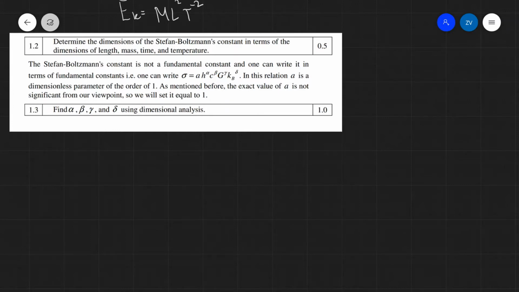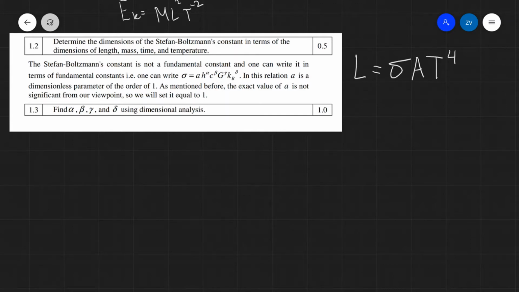Our starting point for this question would be to write down Stefan-Boltzmann's law, and this says that the luminosity of an object is equal to Stefan-Boltzmann's constant multiplied by the area multiplied by the temperature raised to the power of 4.